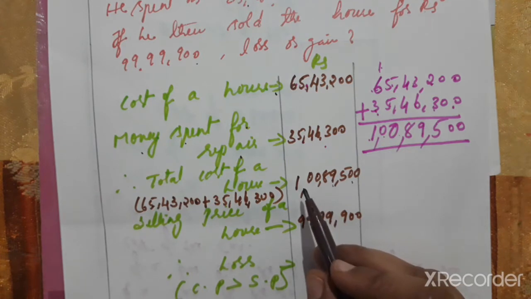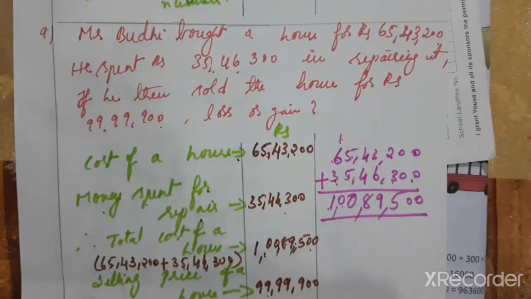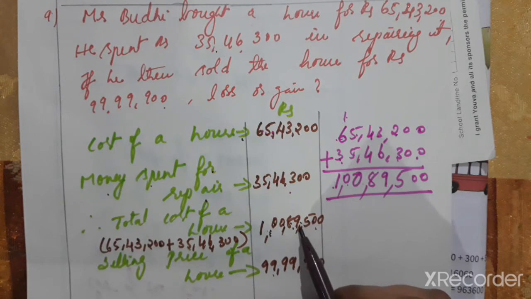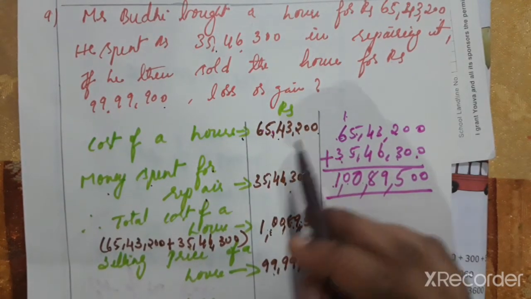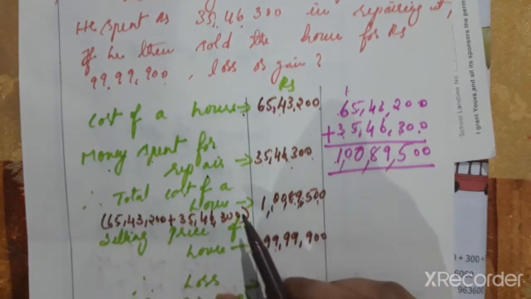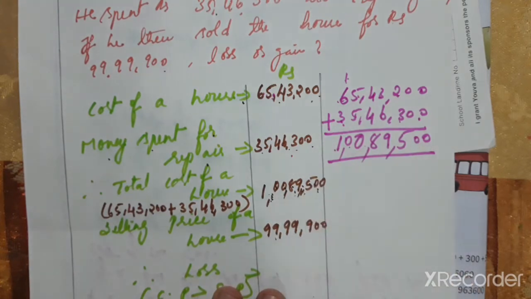Check, children, which is greater, 1 crore or 99 lakh? Sorry, children, this is 1 crore 89 lakh 89,500. The cost of the house is 65 lakh 43,200 and he spent 35 lakh 46,300 for repair. After that, the total cost of the house is 1 crore 89,500.